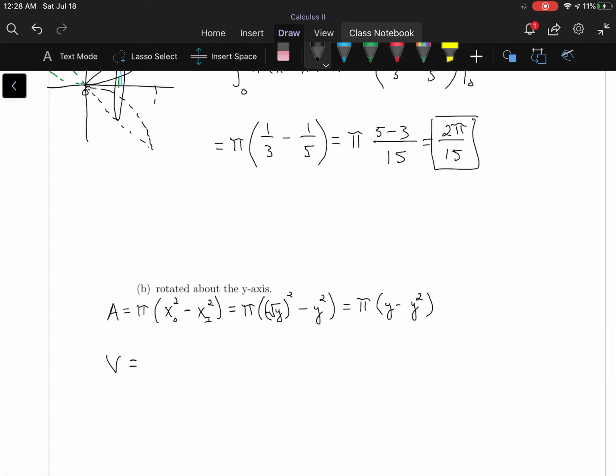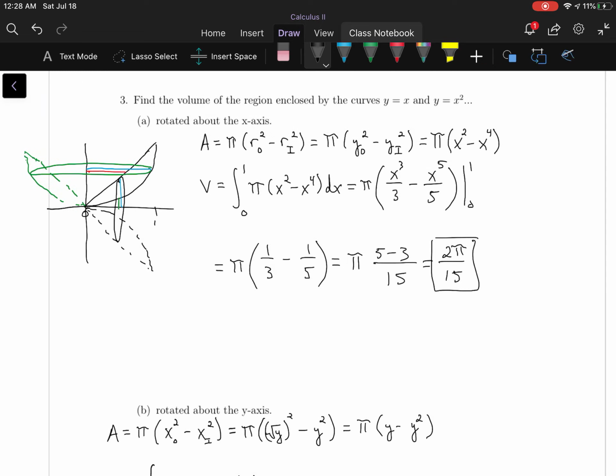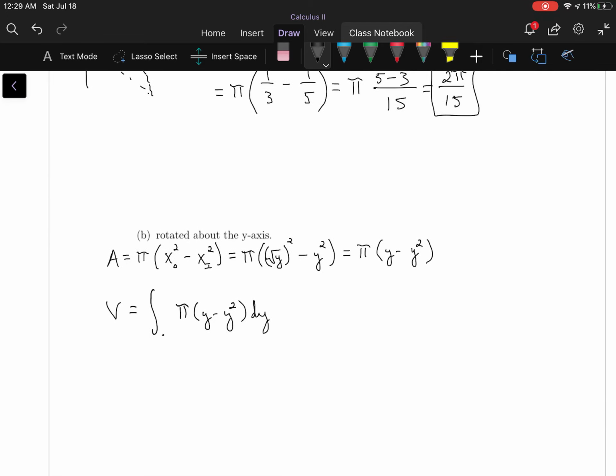Now we set up our volume equation. So volume is the integral of that. And we need to figure out what our y values are. So we know we're going from 0, and at 1, y equals x, y is going to be 1. So our limits of integration actually happen to have the same values.